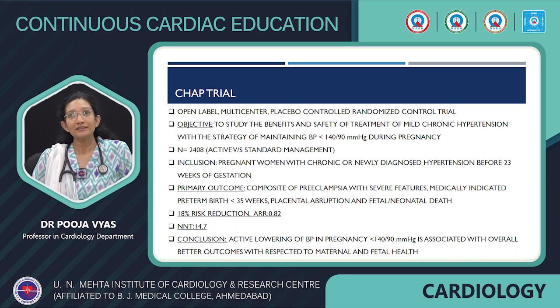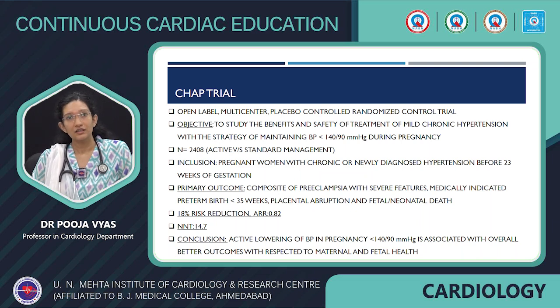So with active management of blood pressure during pregnancy, there was an 18% risk reduction, and the number needed to treat to prevent at least one primary outcome was 14.7.